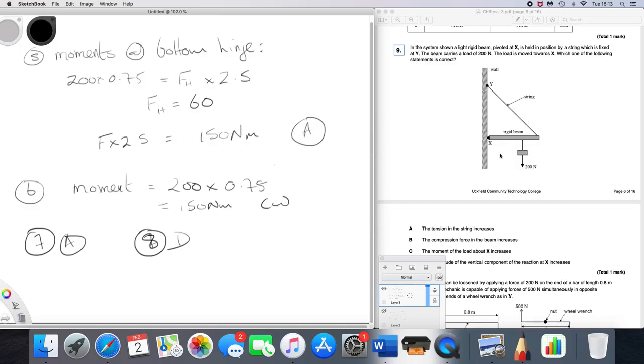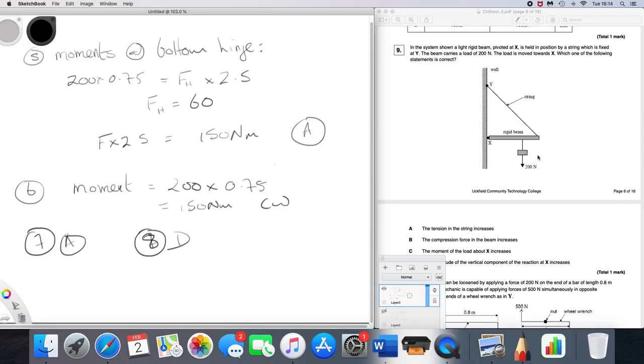Well, the moment due to the string is going to have to balance the moment due to the 200 newtons. So as this moves in, the tension is going to get less, as you would expect.